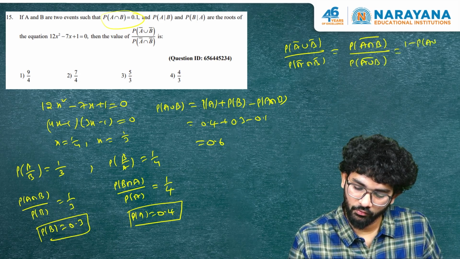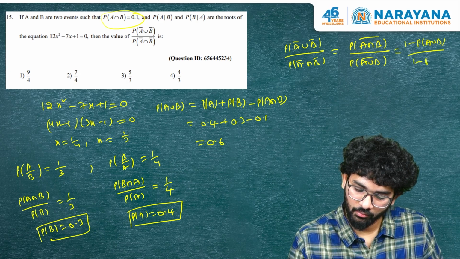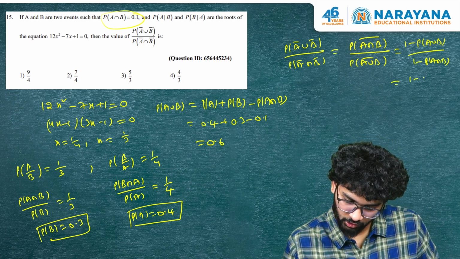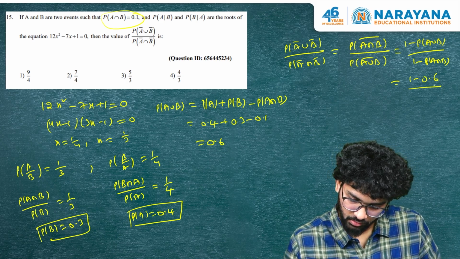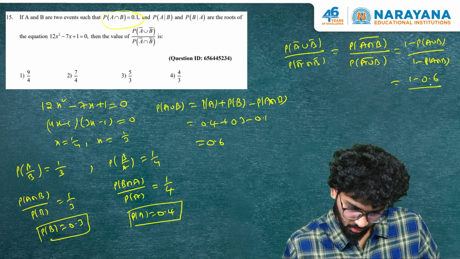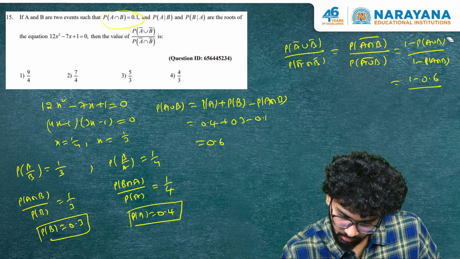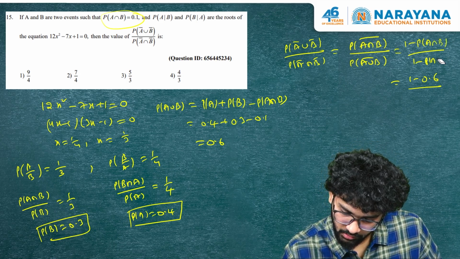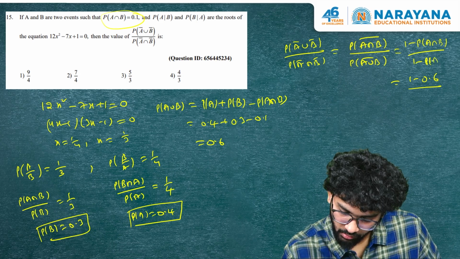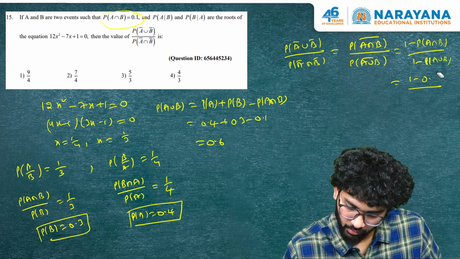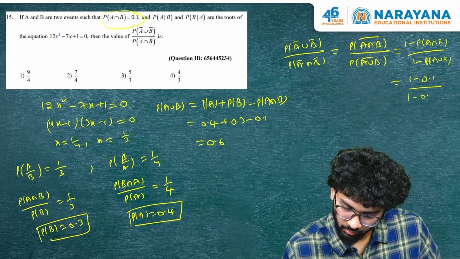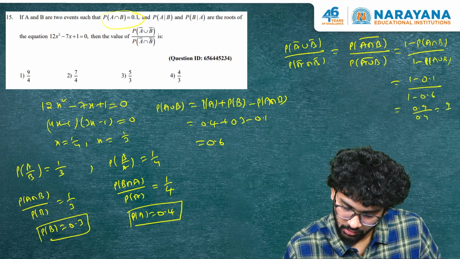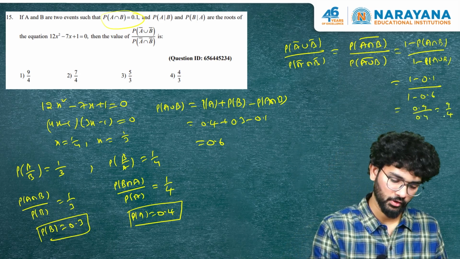So 1 minus P of A intersection B divided by 1 minus P of A union B. So 1 minus 0.1 and 1 minus 0.6. So 0.9 by 0.4, which is 9 by 4. Option 1.